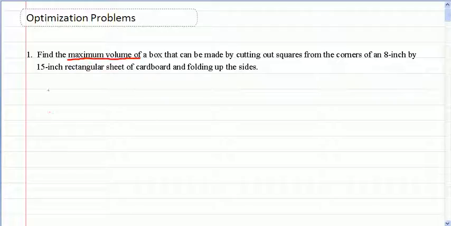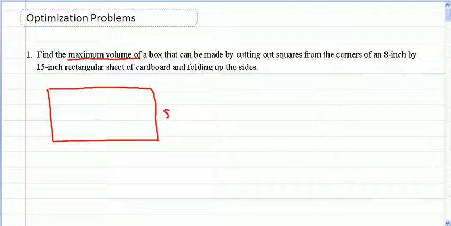and we are starting out with a rectangular sheet of cardboard that has dimensions of 8 by 15 inches.